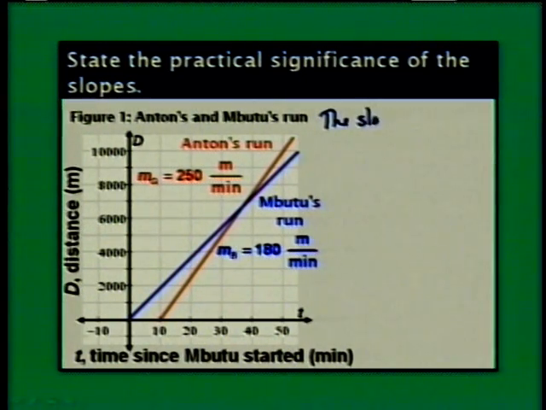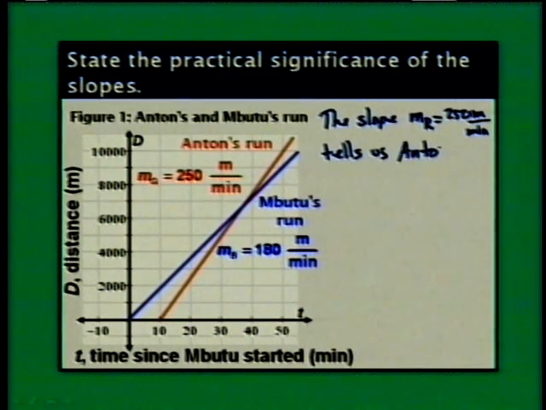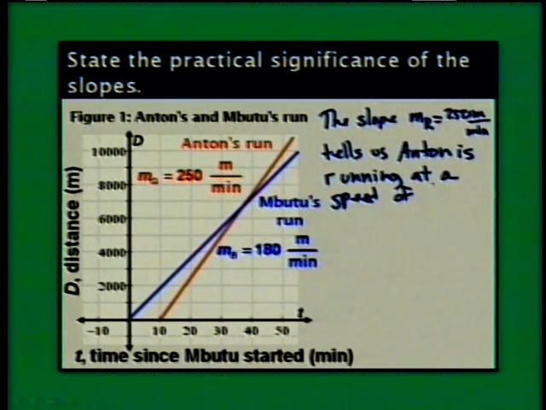So the slope, m sub r equals 250 meters per minute, tells us Anton is running at a speed of 250 meters per minute.